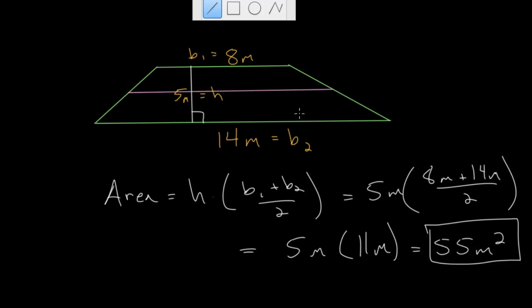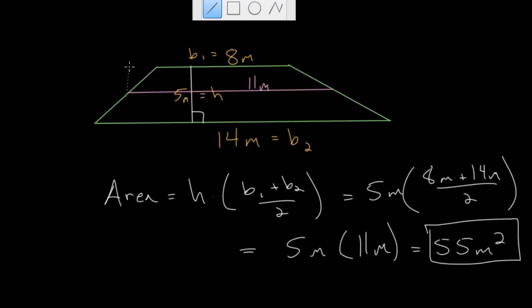And it's not perfectly drawn, but you can get a rough idea. And the length of this, we calculated, was 11 meters. And to transform this to a rectangle, we want to draw perpendicular lines at the intersection point between this new line and the two sides that are not parallel.